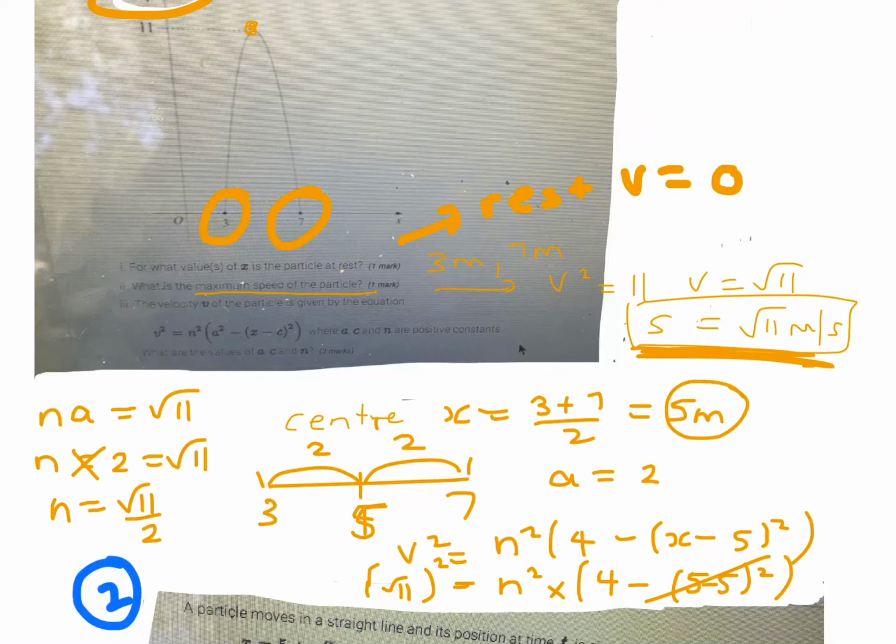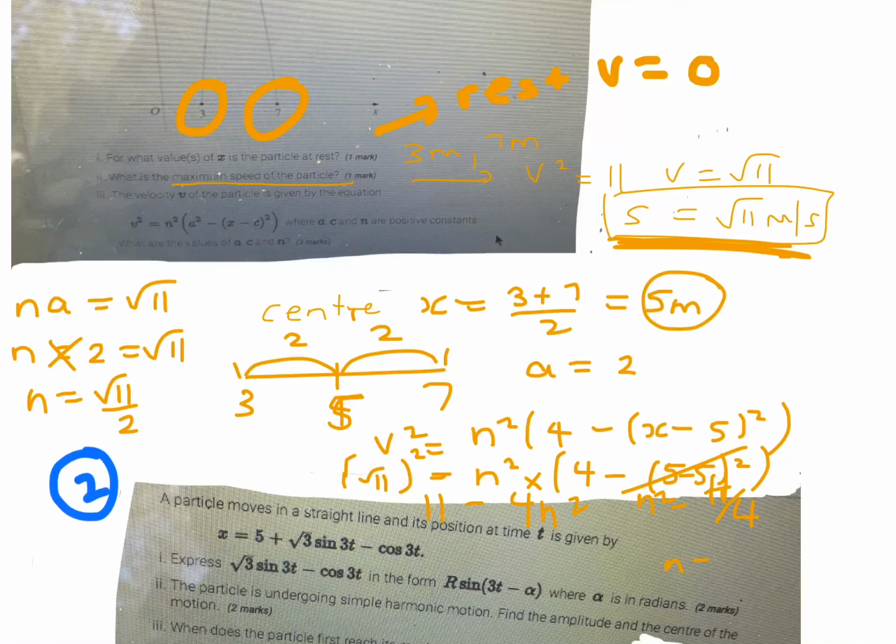So 11 equals 4n squared. So n squared is 11 on 4, and then you square root it, and root 11 on 4 is just root 11 on 2, which we got using the maximum speed anyway.